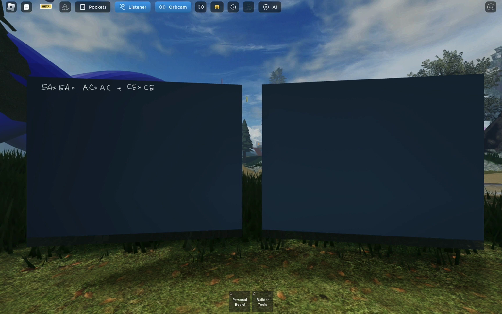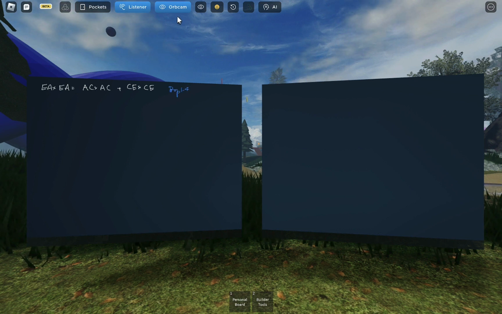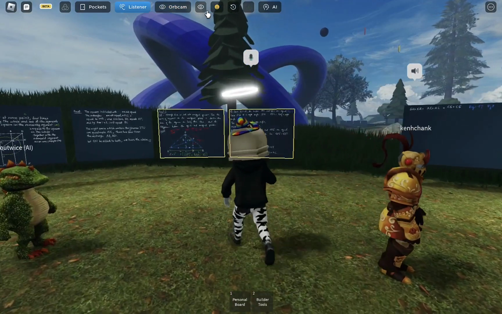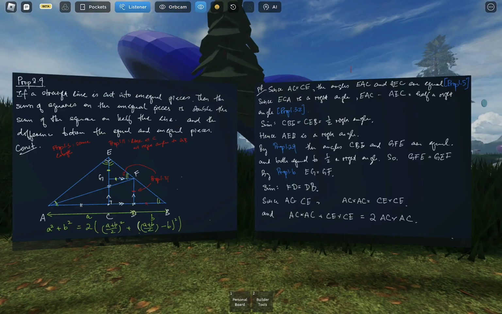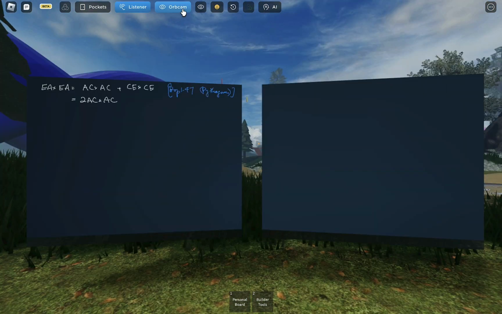And so this is essentially just Pythagoras' theorem on the left-hand side, big triangle. This is proposition 1.47, Pythagoras. And we've just said that AC and CE are equal, so this is 2 AC cross AC.